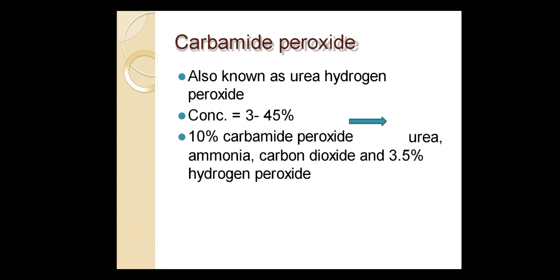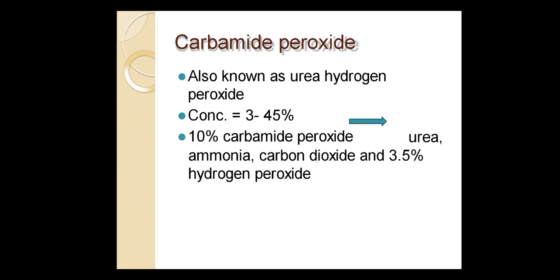Carbamide peroxide paste is used for vital tooth bleaching, and the techniques of using it we will discuss later on. It is also known as urea hydrogen peroxide. Its concentration is 3 to 45%, and it basically decomposes into urea, hydrogen peroxide, and nascent oxygen. The 10% carbamide peroxide contains urea, ammonia, carbon dioxide, and 3.5% hydrogen peroxide. So basically it is releasing 3.5% hydrogen peroxide, which is the main bleaching agent.